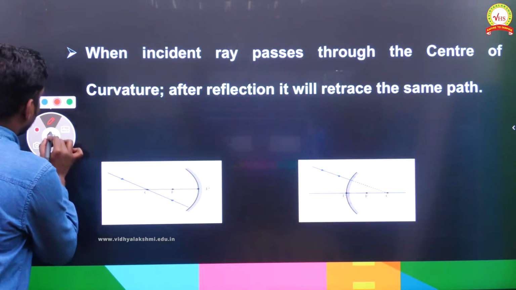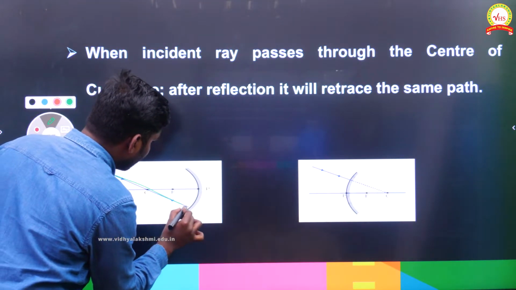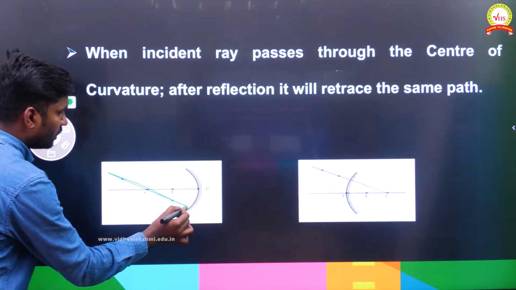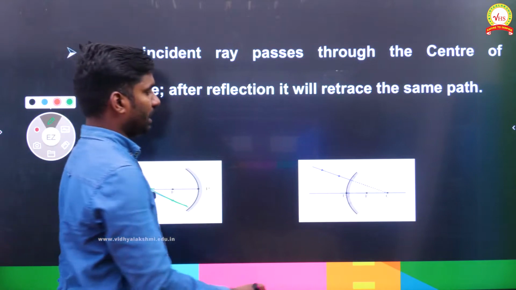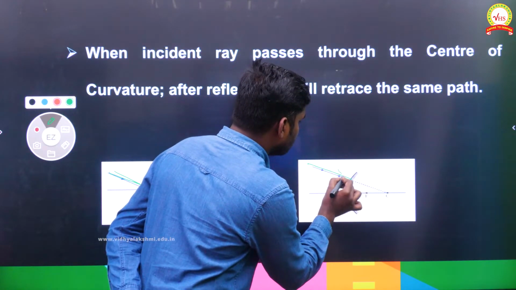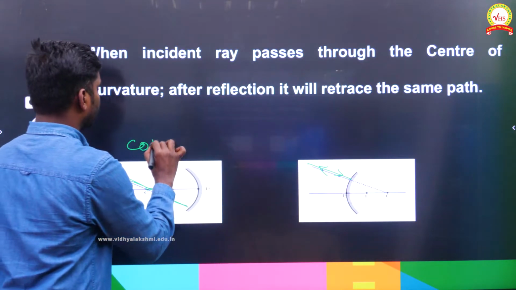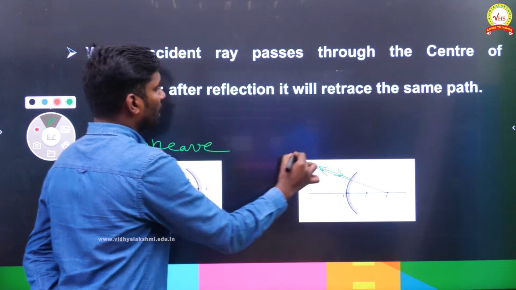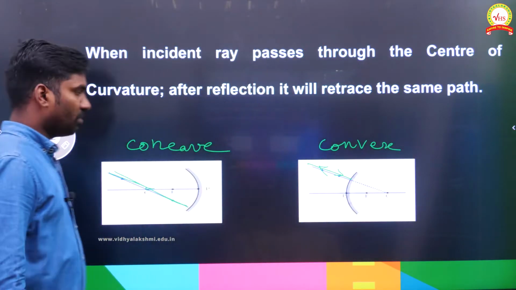So whenever the incident ray is passing through the center of curvature, there won't be any deviation. It will just retrace the same path as it is. Here also the same. If the incident ray appears to pass through the center of curvature, it will just retrace the same path. So this is for the concave and this one will be our convex, right?